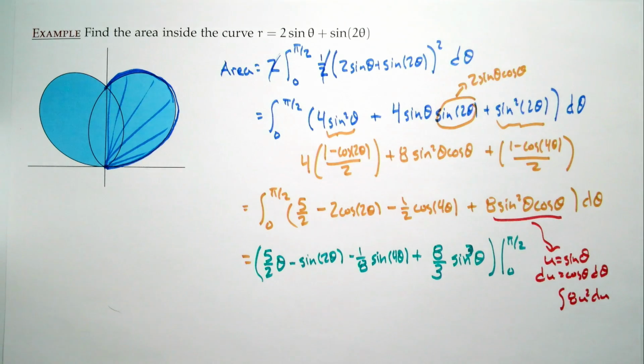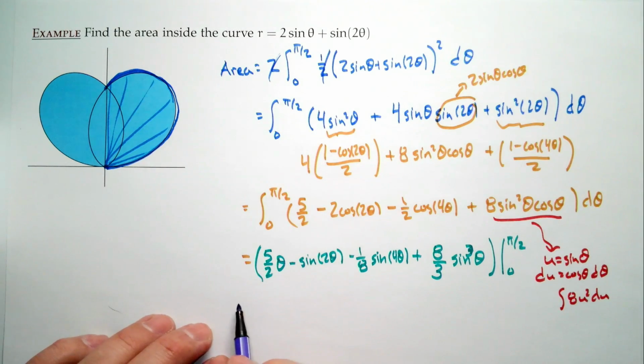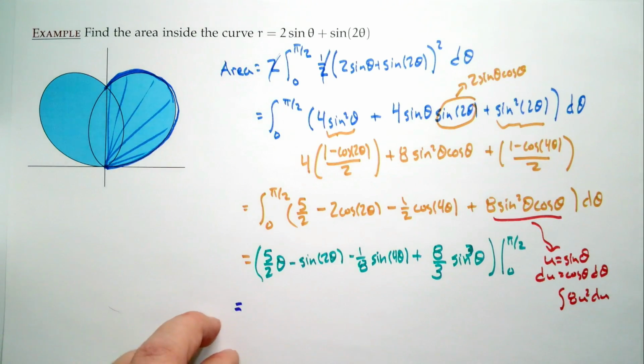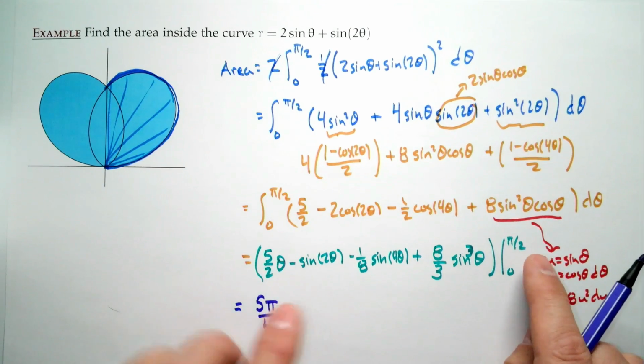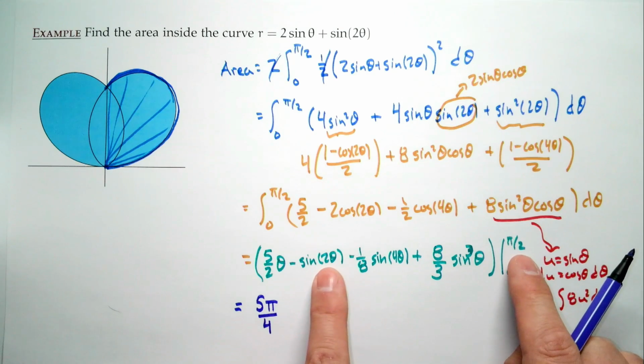All right, well, now we have to evaluate. So, good news. When we plug 0 in, what's going to happen? You're going to get a whole lot of 0. So we just have to plug in our angle pi halves. 5/2 times pi halves is 5 pi over 4. Then we're going to get a sine of pi, because we're going to double pi halves.